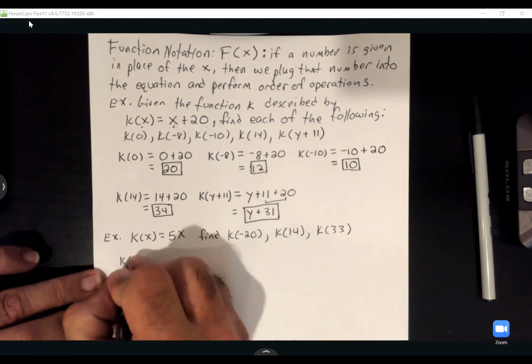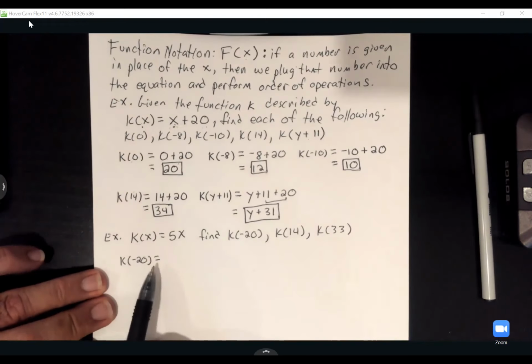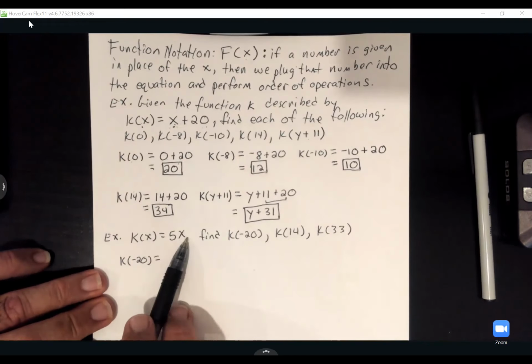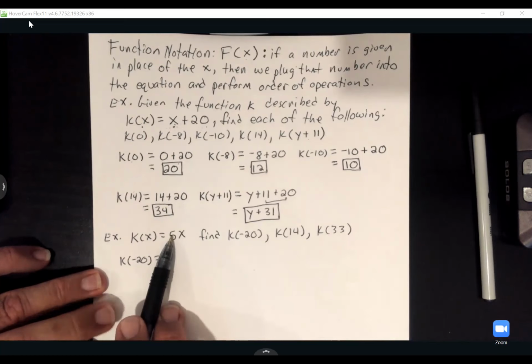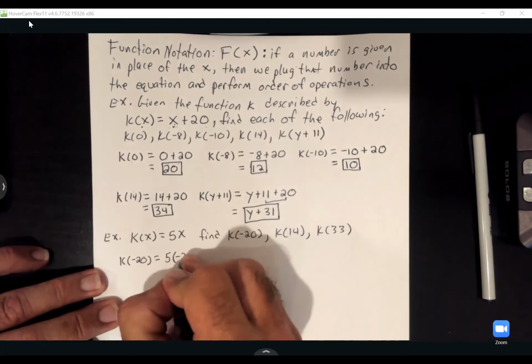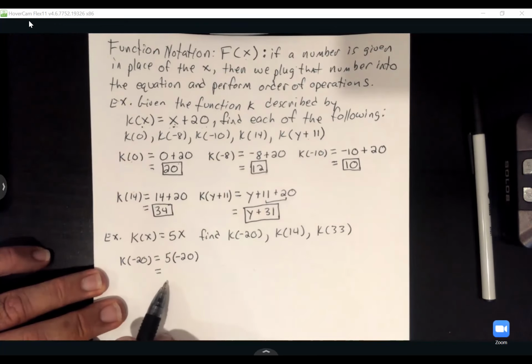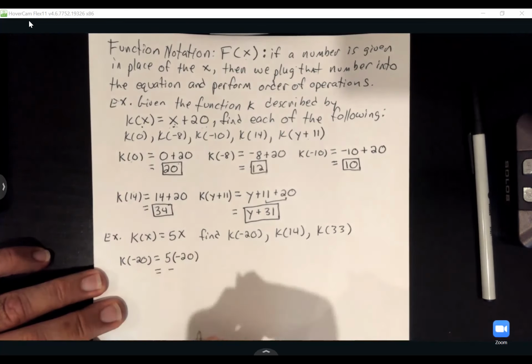So let's start with k of negative 20. But now notice everything I put in for the x is going to multiply by the 5. So we got our 5, put in our negative 20 for the x. All right, so that's unlike signs. So unlike signs is going to end up negative. Ooh, and let me see what y'all got.